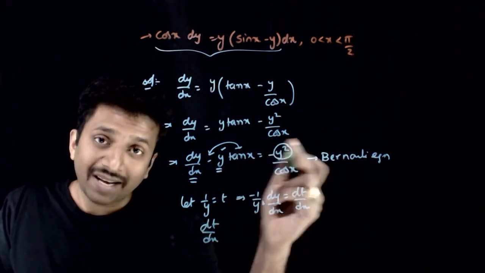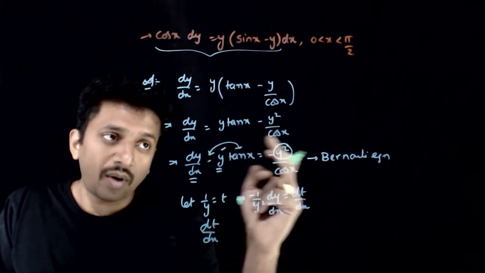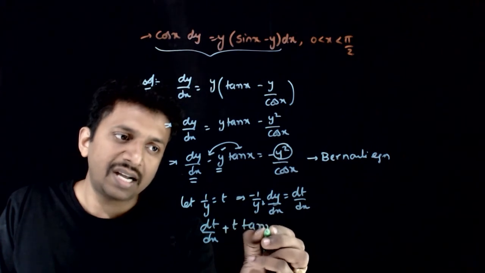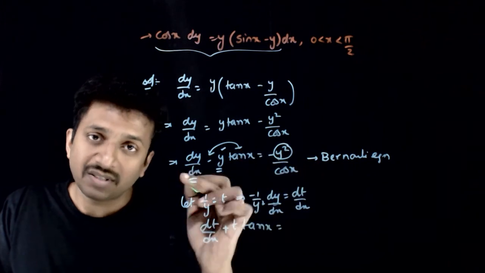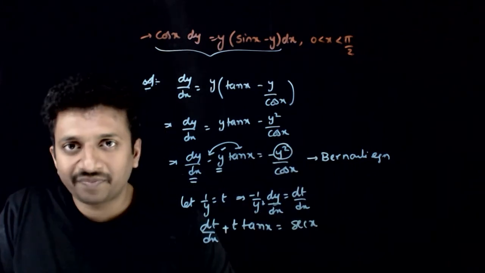And if I bring minus 1 by y square here, minus and minus becomes plus, y by y square is 1 by y, which is nothing but t. So dt by dx plus t tan x is equal to, because minus y square has been sent here, only 1 by cos x, that is nothing but secant x.